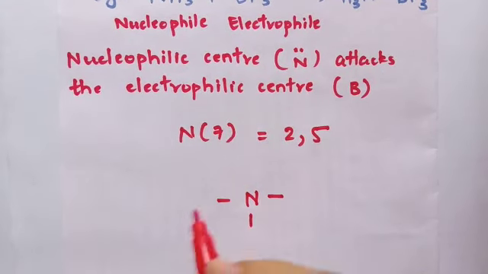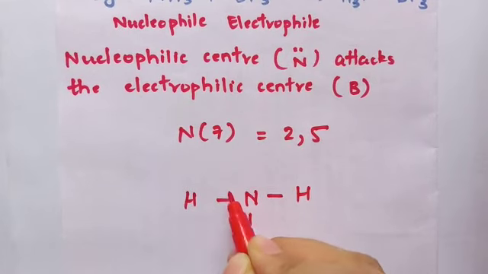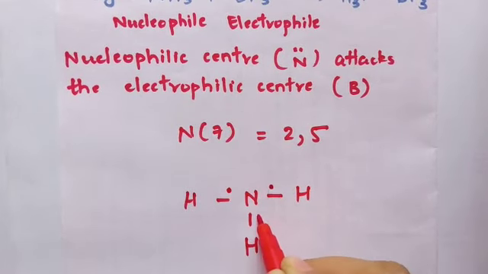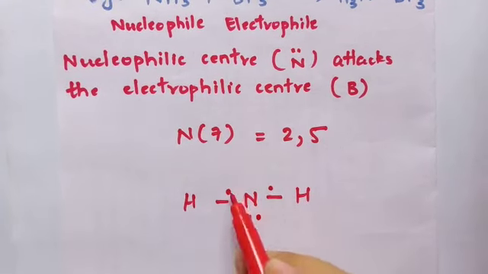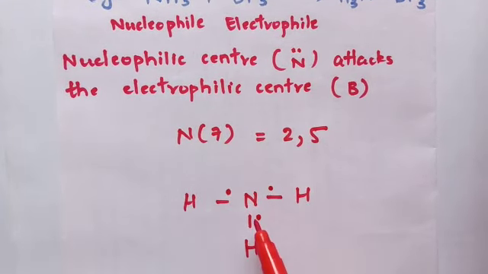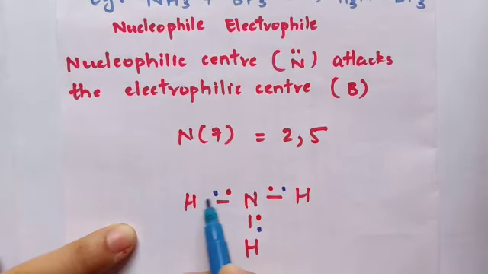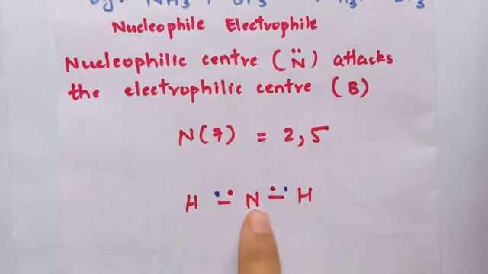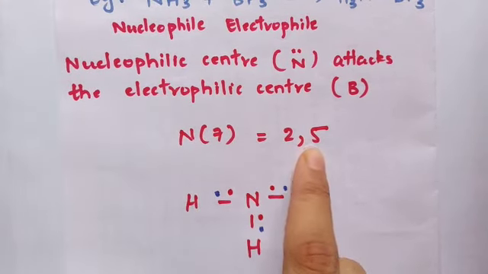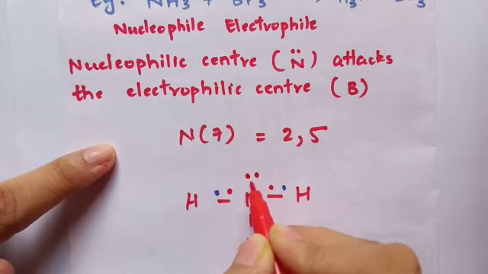Now this nitrogen will form 3 bonds with hydrogen, I am talking about ammonia. Out of these 5 electrons, 3 electrons of nitrogen have undergone covalent bond formation, and electrons are given by hydrogen as well. That is how a covalent bond is formed. Out of the 5 valence electrons, 3 have undergone bond formation and 2 electrons are still left.